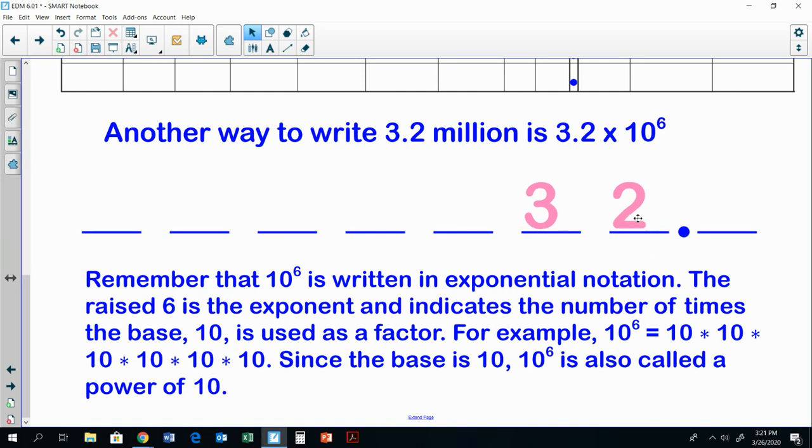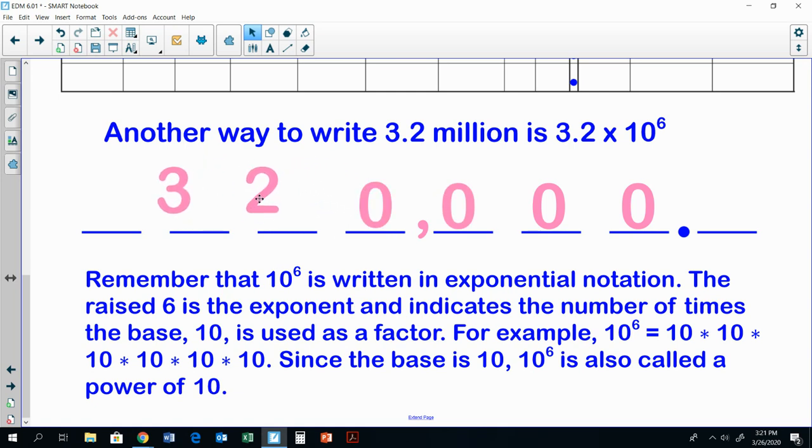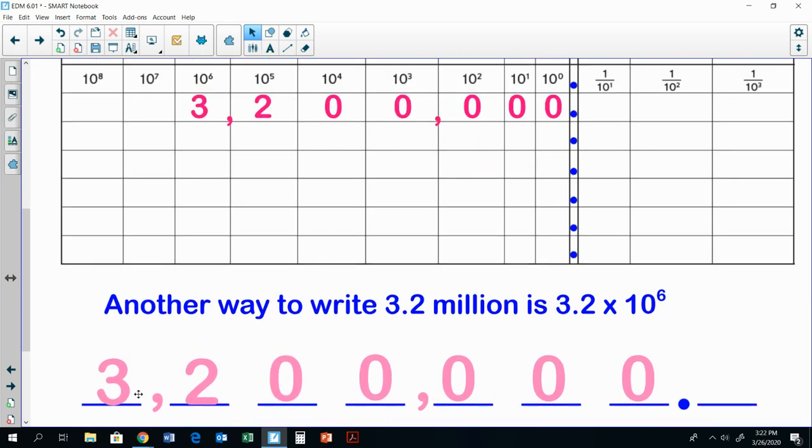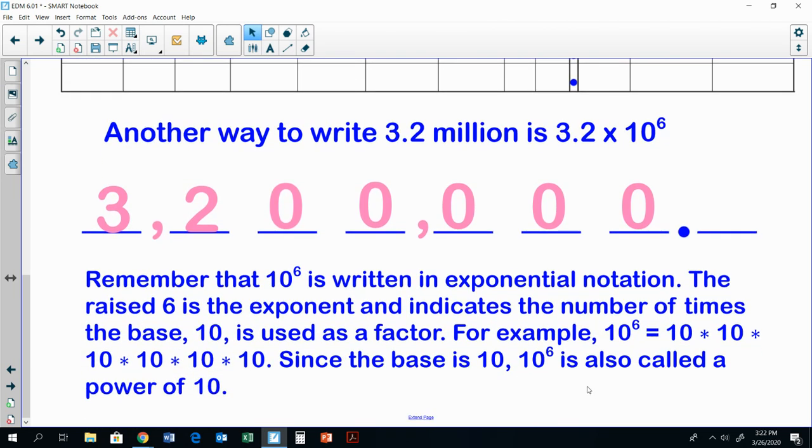If I multiplied by 10 a second time, then I would put in a 0 to hold that place, multiply by 10 a third time, multiply by 10 a fourth time, multiply by 10 a fifth time, and then multiply by 10 a sixth time. So there again, you can see, and this was the same thing we had in our place value box. We had a 3 in the millions place and a 2 in the 100,000s place.